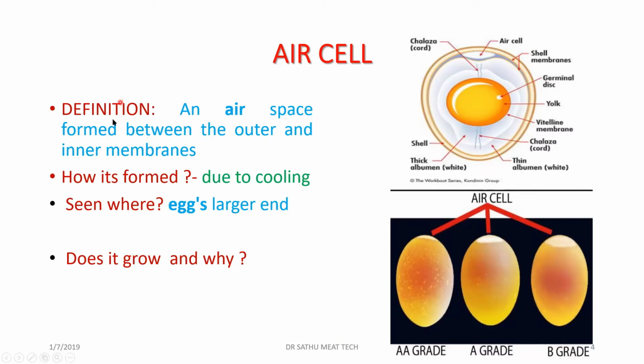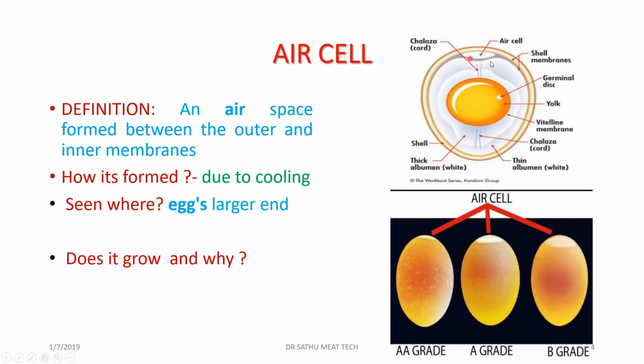So let's see the definition. What is an air cell? An air space formed between the outer and inner shell membrane. Why is it occurring? Because of the difference in the rate of contraction between the shell and the inner content.